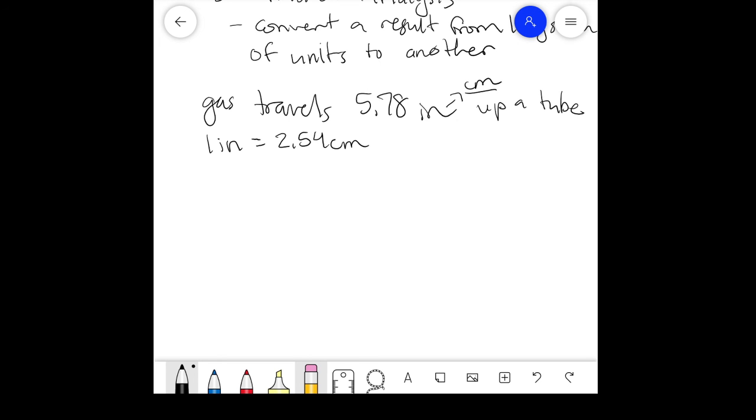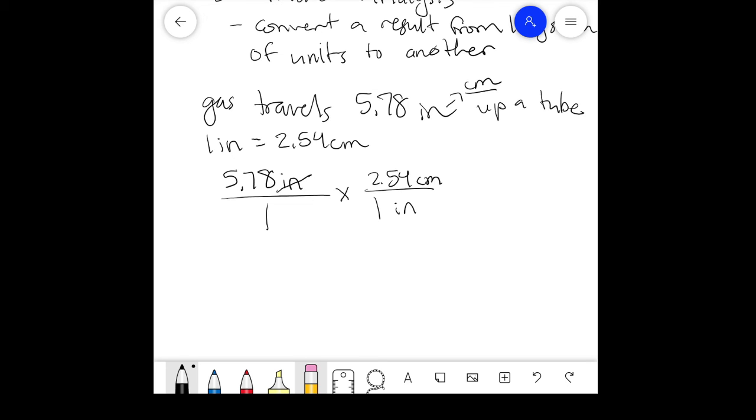The way that we set this up is you start with the given. Make sure you write the units so you know what you have. You put the given over 1, and then you multiply, and you want to cancel out units. When you're doing math with fractions, top and bottom cancel out. So we know 1 inch is 2.54 centimeters.